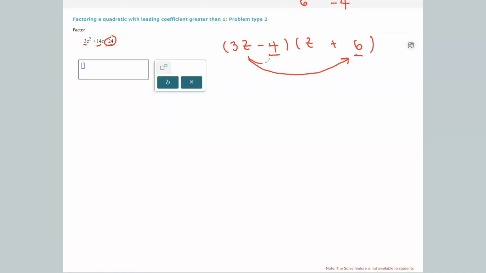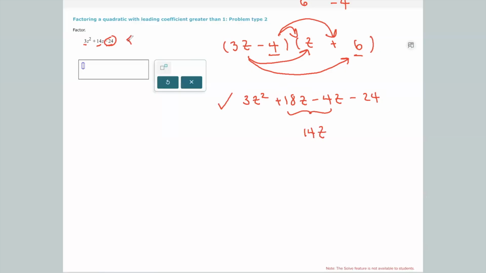So to go through it, 3z times z is 3z squared. 3z times 6 is plus 18z. Minus 4 times z is minus 4z. Minus 4 times 6 is minus 24. 18z minus 4z gives me 14z. So we get back the original polynomial.